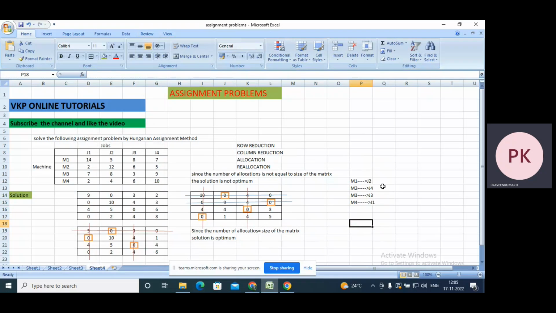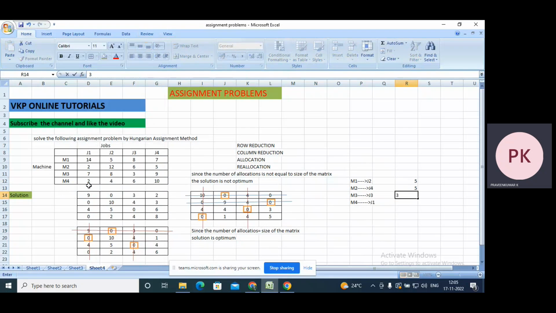So this is the optimum assignment of machines with respect to jobs, and the corresponding cost: M1 J2 is 5 rupees, and M2 J4 is also 5 rupees. M3 J3 is 3 rupees.